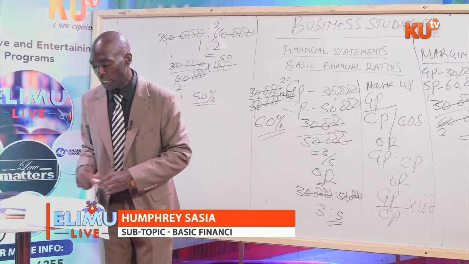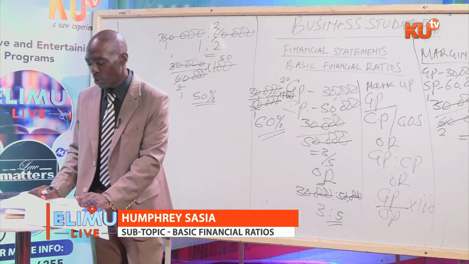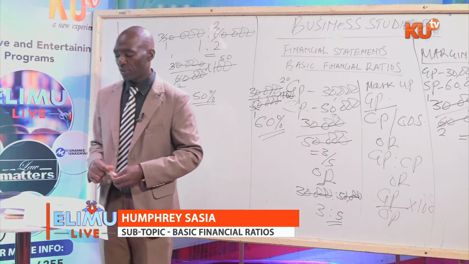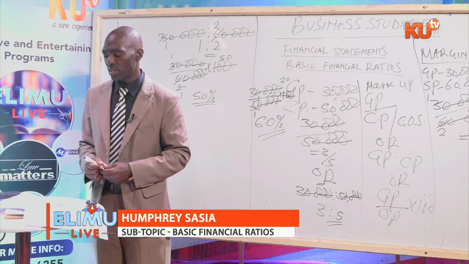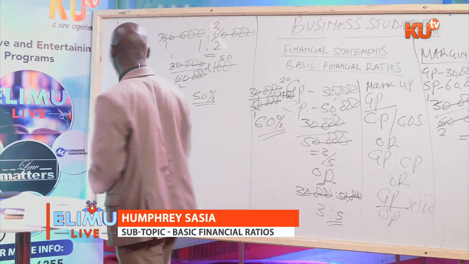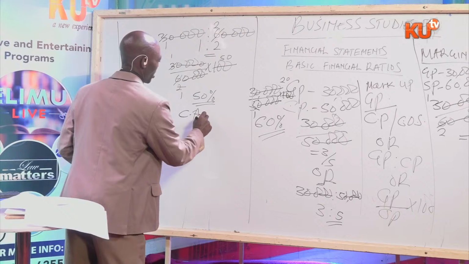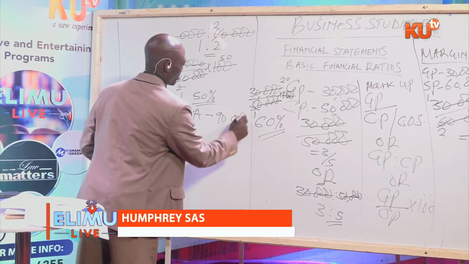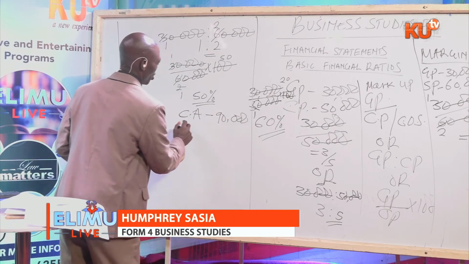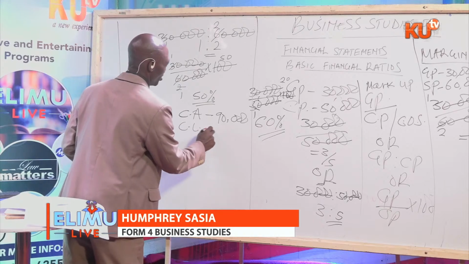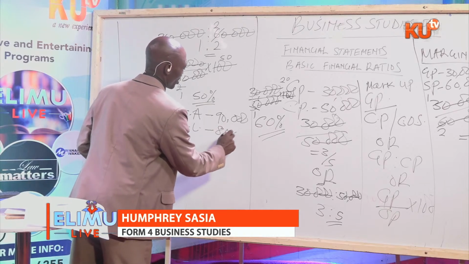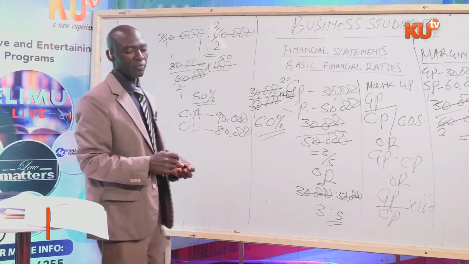So let us look at the current ratio. Given that the total current assets is 90,000 and the total current liabilities is 80,000.